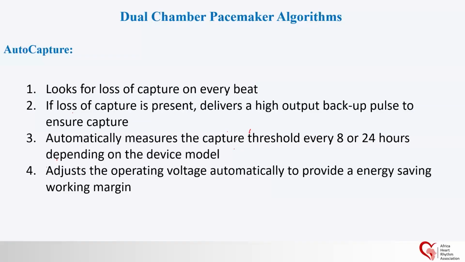This measurement of threshold can be done maybe every 8 or 24 hours, and it will adjust automatically the amplitude of the ventricle. It's an algorithm that gives two advantages. The first one, the safety of patient. It controls beat by beat the ventricle activity.